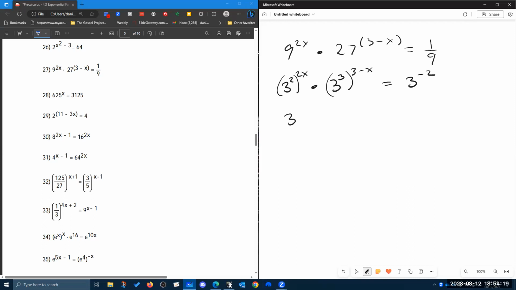So this is 3 to the 4x times 3 to the 9 minus 3x is equal to 3 to the negative second. When I multiply like bases, I add the exponents.